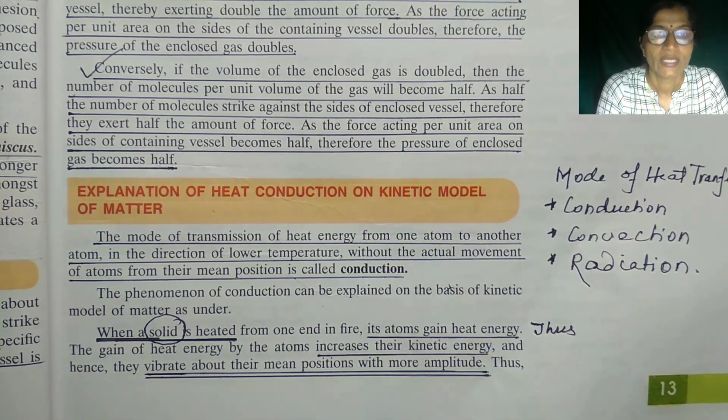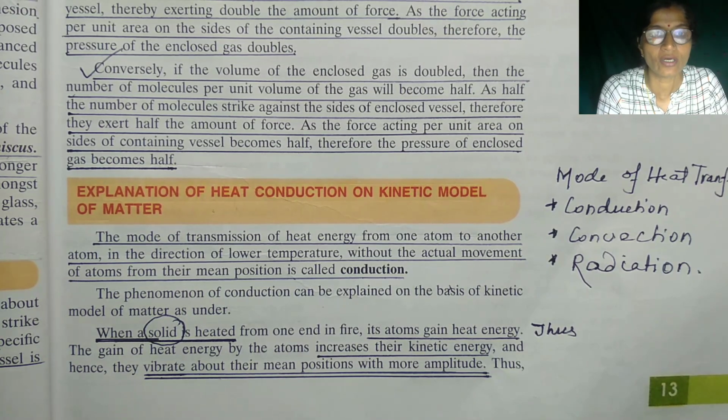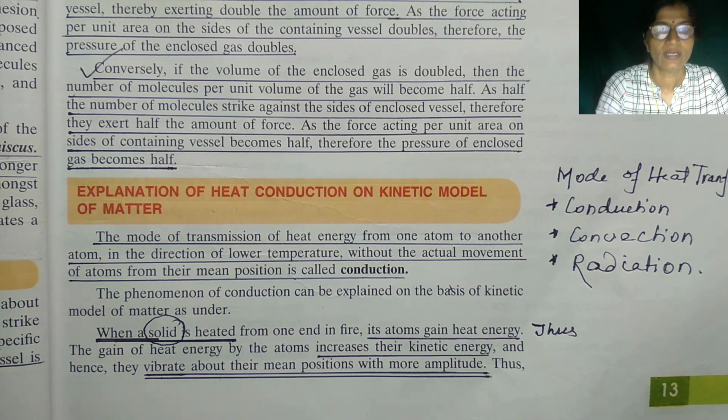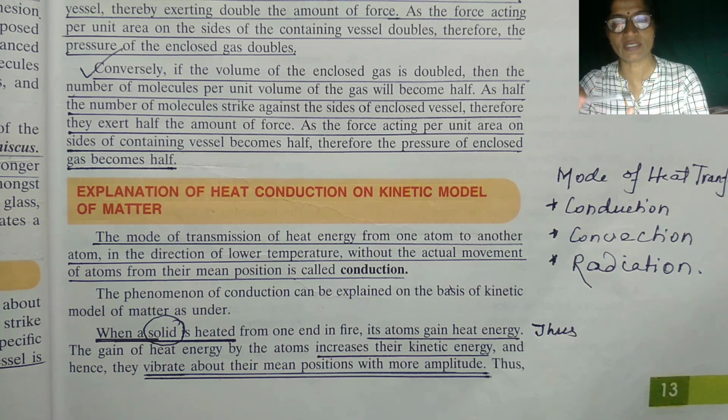without the actual movement of atoms from their mean position, and it is called conduction. In conduction, suppose I want to heat an iron rod, then what do we generally do? The iron rod is there, and I keep it near the flame, here. Then what will happen?